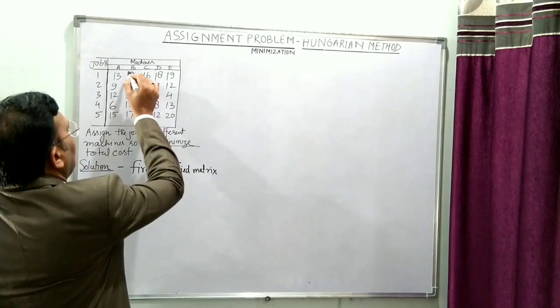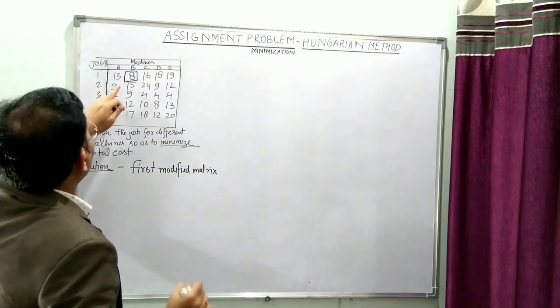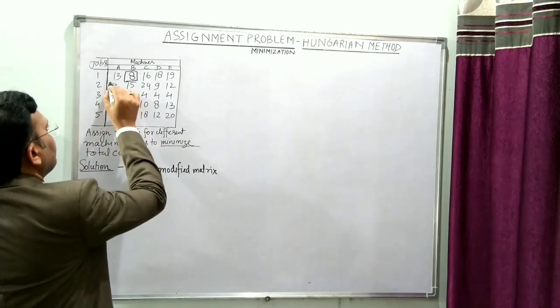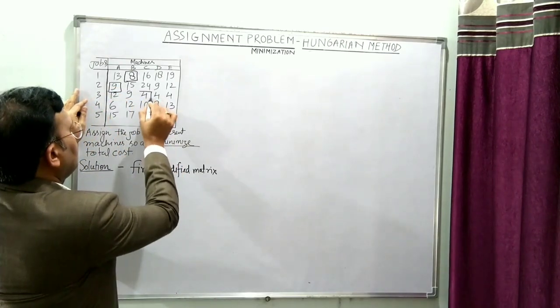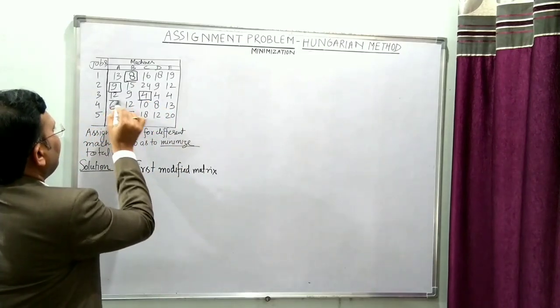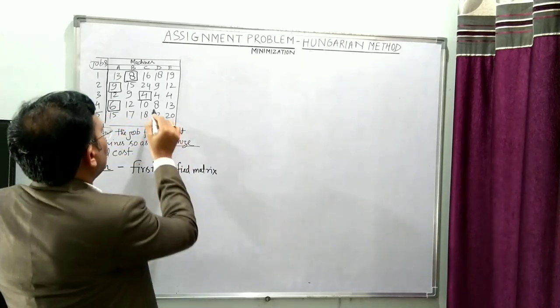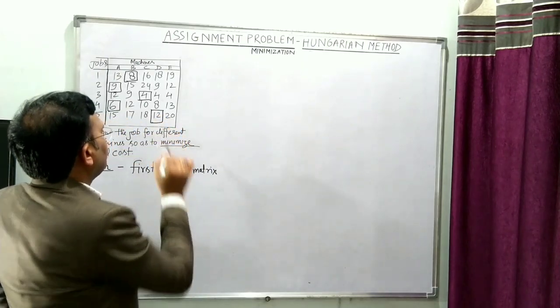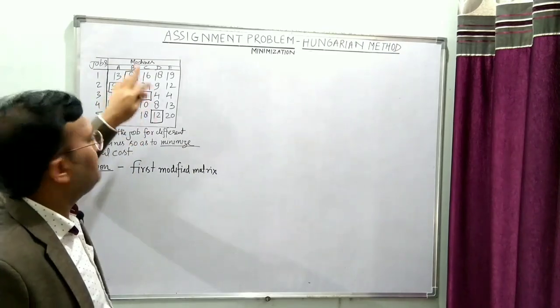So the minimum element is 8 in the first row, then it is 9 in the second row, then it is 4 in the third row, it is 6 in the fourth row, and then it is 12 in the fifth row. So these are the minimum elements in the respective rows.